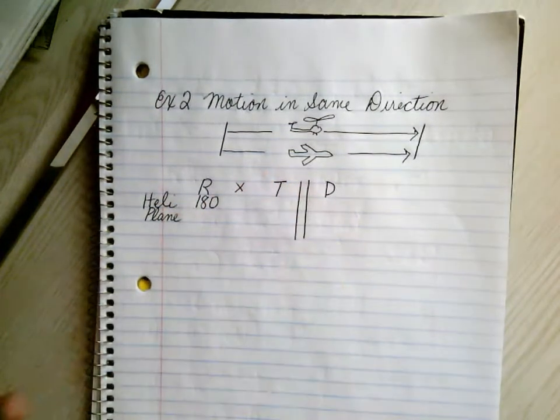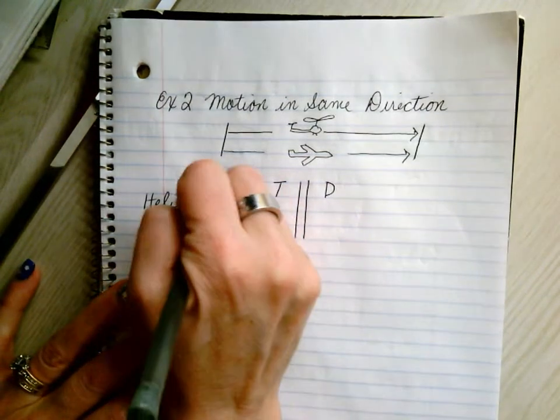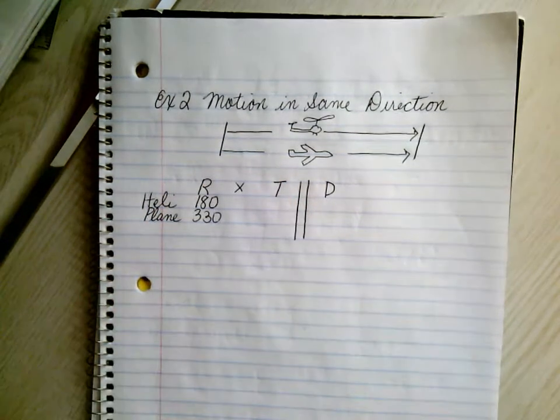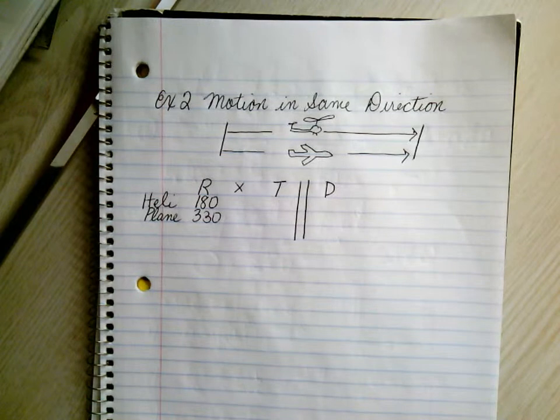The plane is 330. What do we know about time? Any ideas? The helicopter leaves Central Airport, flies north, 20 minutes later. So you can translate that any way you want.